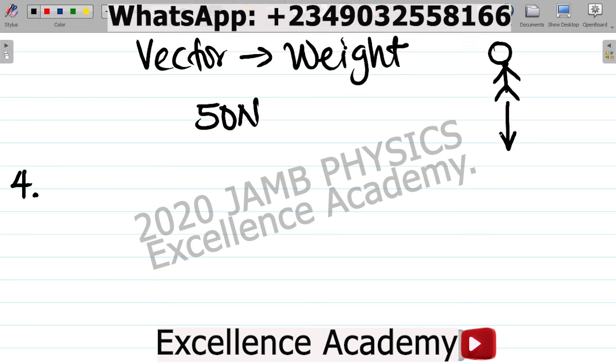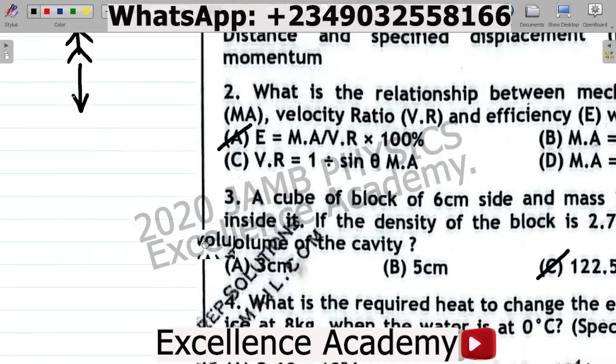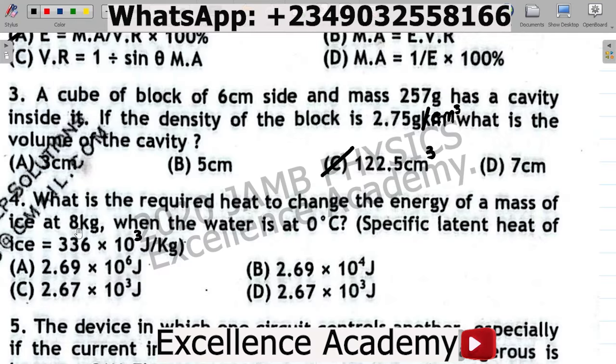To solve this question, the formula you use is that the heat energy, Q, is equal to the mass of the substance, m, times the specific latent heat of the substance. So Q is equal to ml. Looking at the question, you're given the mass as 8 kilogram.